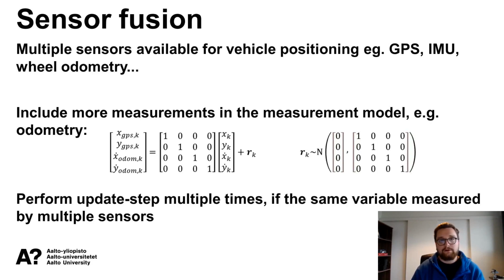There are multiple strategies to fuse that information, but a common one is to run the update step of the Kalman filter twice, individually for the different readings. So always having a single prediction step and then 2 update steps instead of 1. But that is just one strategy.